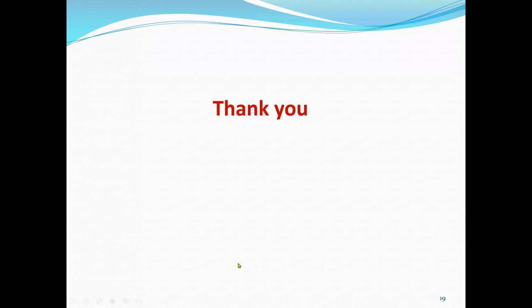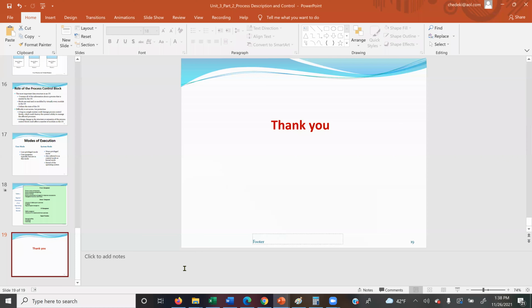So we're going to end our lecture here. Again, our main goal in these lectures is to understand the concept of the process control block, different types of resources, and how the operating system manages processes and resources.